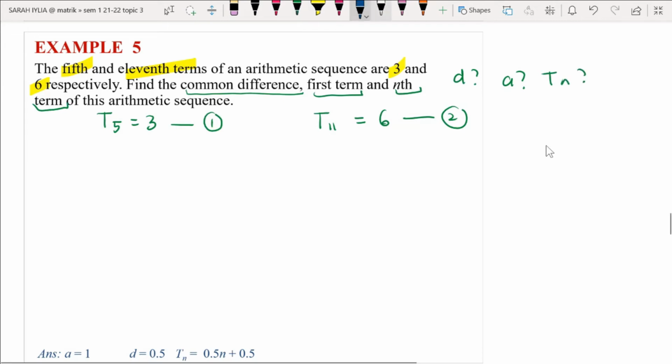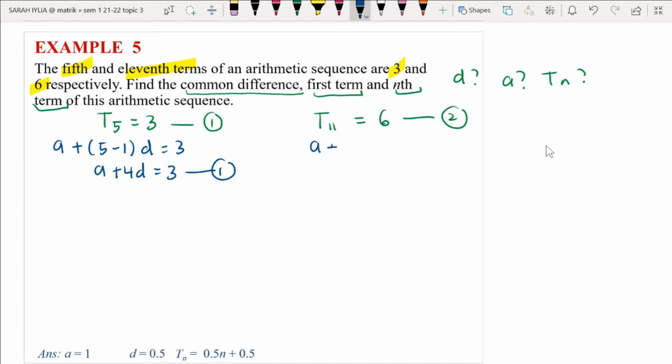Okay. So, kita buka dulu statement yang dah ada tadi, info. So, T5 is A plus n minus 1 D. Simplify this up. A plus 4D equal to 3. Okay. And then kita pergi pula second statement tadi. T11.